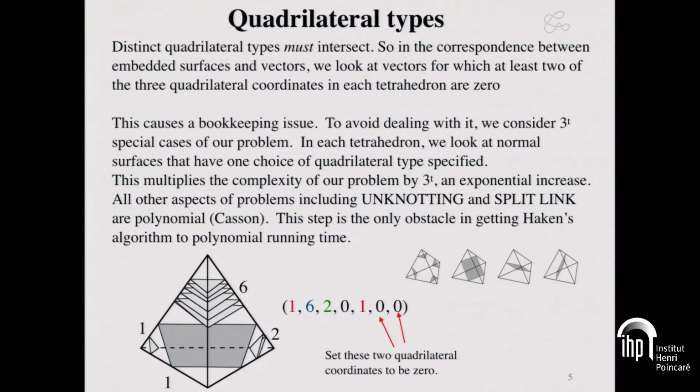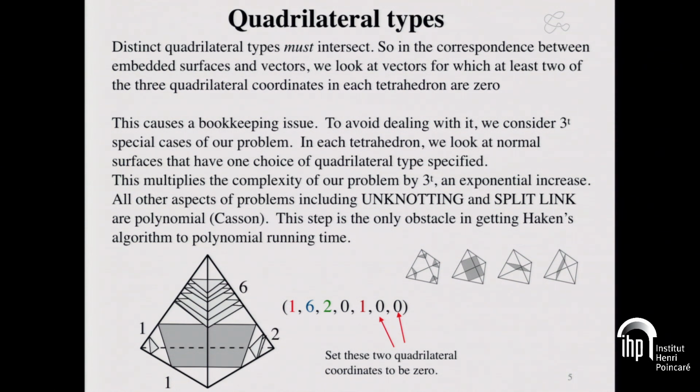If I have t tetrahedra, I can just break my problem into 3^t problems, exponentially many problems. In each problem, I'm only going to allow 1 type of quadrilateral in each tetrahedron. So I have 3 choices for every tetrahedron, t tetrahedra, so there's 3^t choices. So that's an exponential number of choices. But it turns out once I make that choice, the problem becomes polynomial.